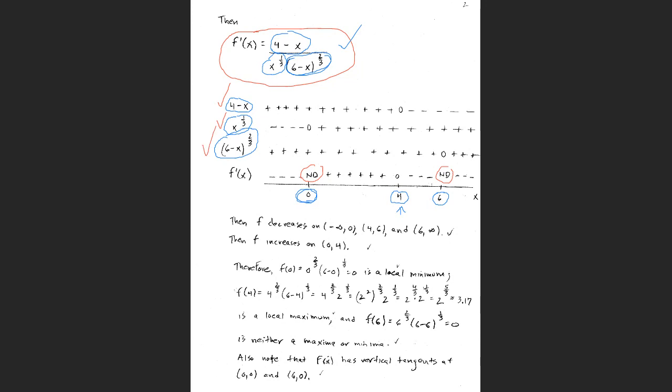I create my plus or minus rows, and then I ascertain the first derivative is negative when x is less than 0, positive when x is between 0 and 4, and then negative when x is greater than 4. And you know how I got that based on the chart. Are there any questions on that?